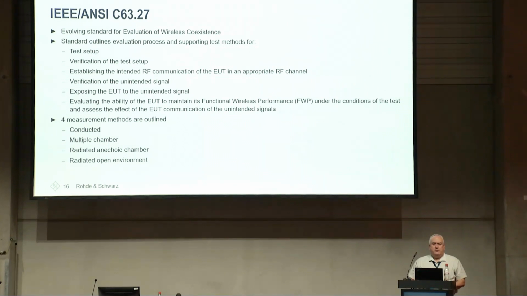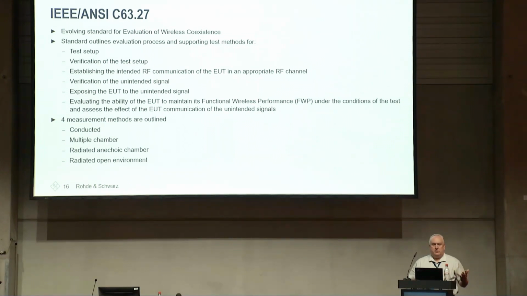But it is the first specification that actually outlines, as you can see here, things like the test setup. How do you set up the test? How do you validate the test setup is what you expected? What are your intended RF communication and what the standard calls EUT, the equipment under test, in the appropriate RF channel? How do you verify that the unintended signal, the interfering signal, is what you expect?